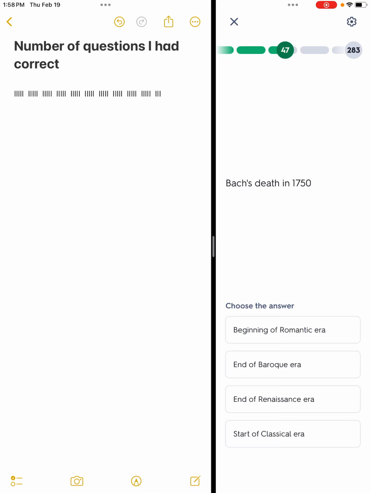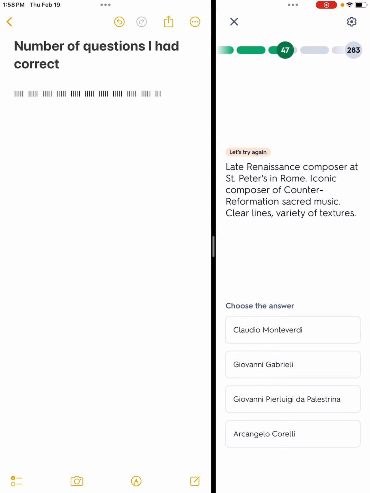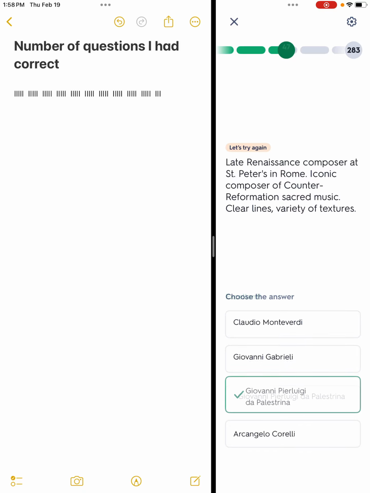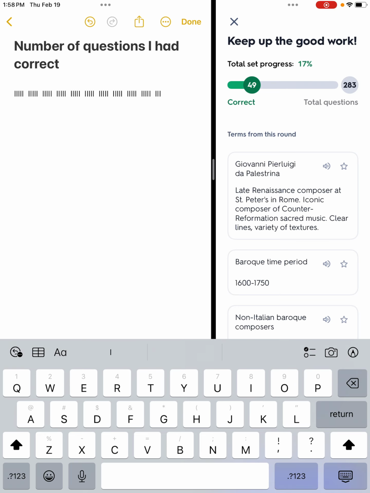So 1750s to the 1820s, so it's in the Baroque, which I should have answered too. Late Renaissance, Palestrina. Oh, in the Baroque. I should have known that too.